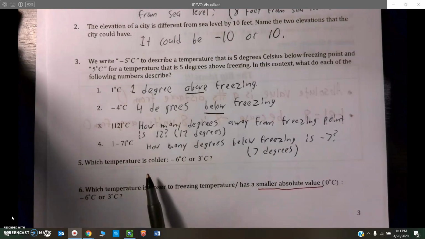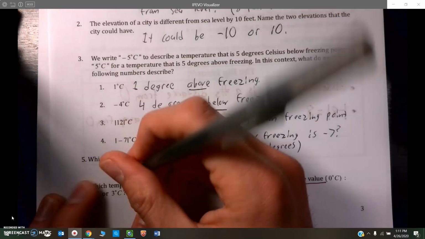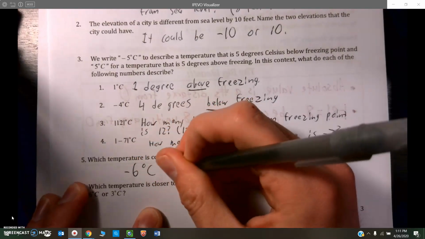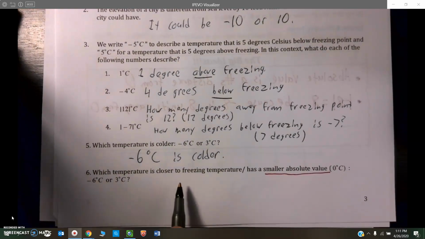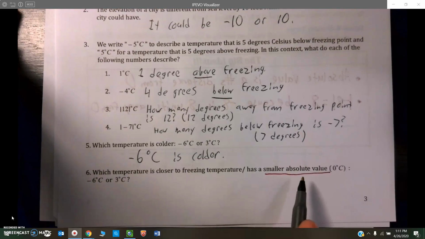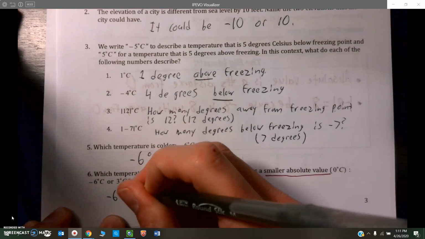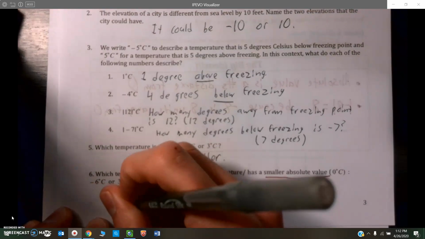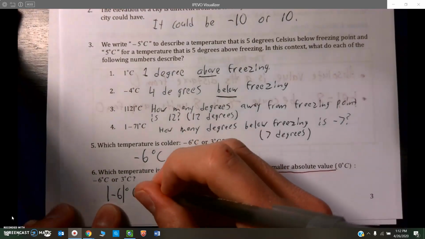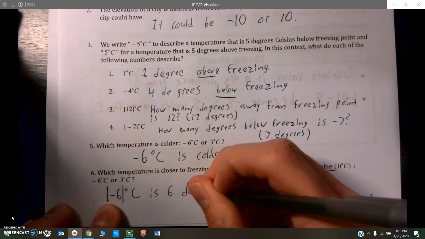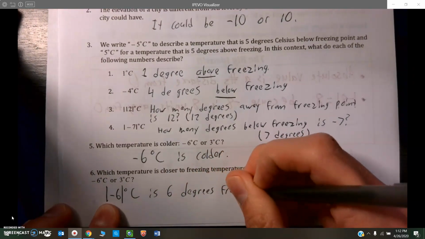Which temperature is colder, -6 or 3? Well, if it's 6 degrees below freezing, that's definitely colder. Negative temperatures are always colder. Now, which temperature is closer to freezing temperature, or has a smaller absolute value? The absolute value of -6 degrees Celsius, the distance of -6 degrees from 0, is 6 degrees from freezing.